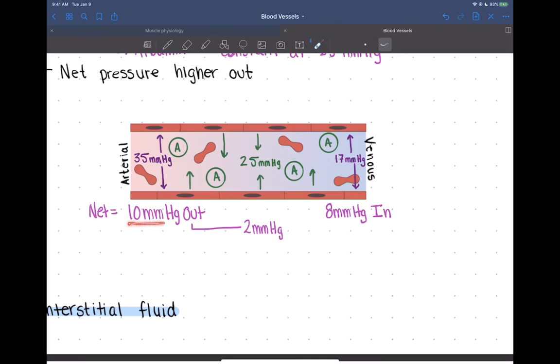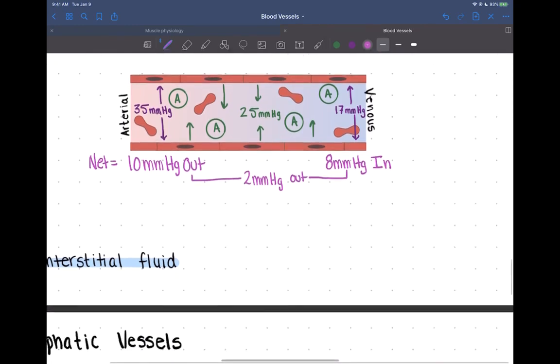Okay, so we're pushing 2 more out than we're pulling in. So then that would be 2 millimeters of mercury out. That is our net, okay? So we're gonna be losing fluid through our capillaries, all right? So this is kind of a very typical example of a capillary and what's going on, okay?